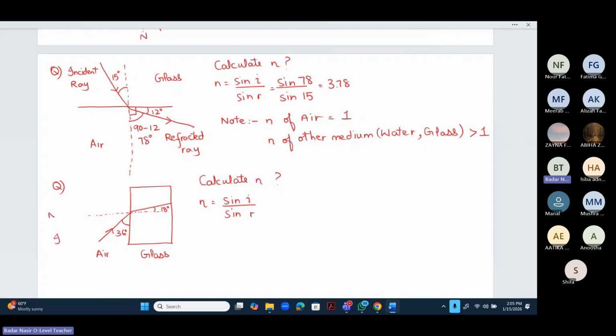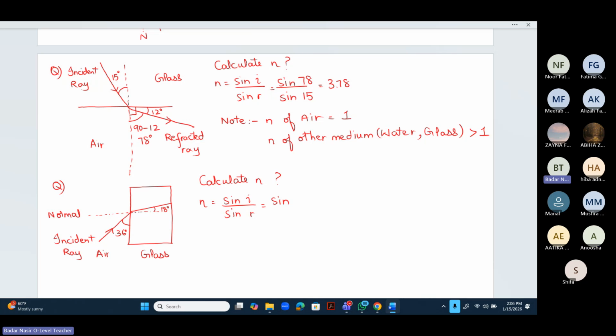Let me give you a hint: angle of incidence is the angle between the normal line and the incident ray. So I'll repeat my statement, angle of incidence is the angle between the normal and the incident ray. Can anybody tell me what should be the value of I? What will I be?